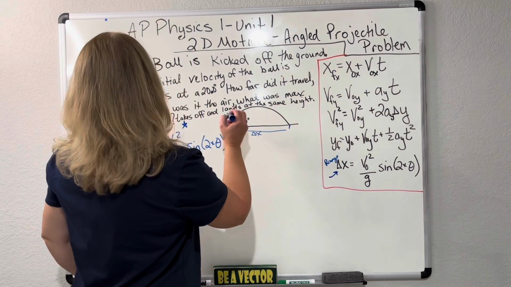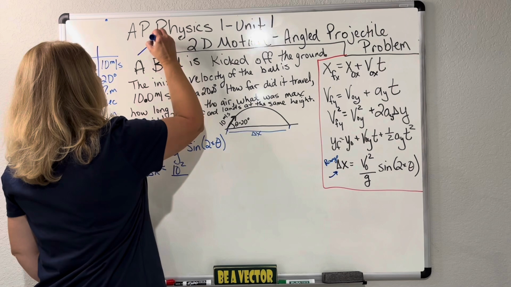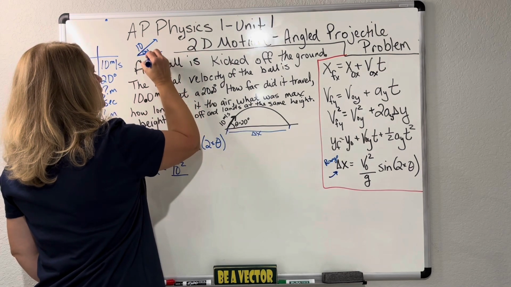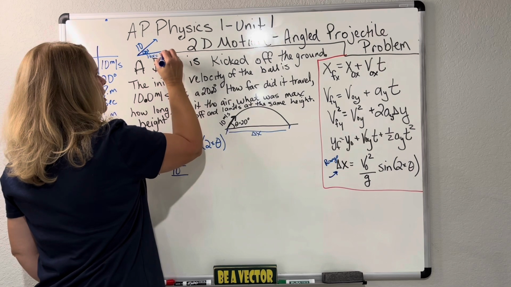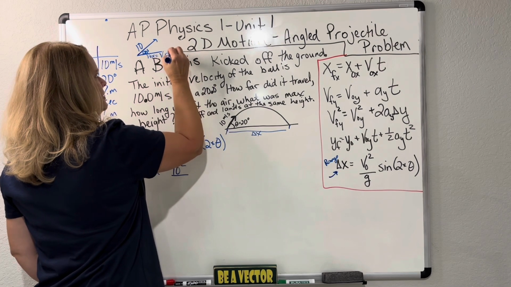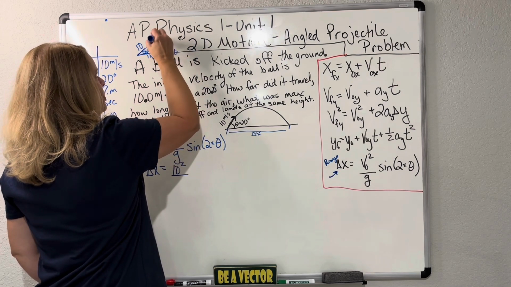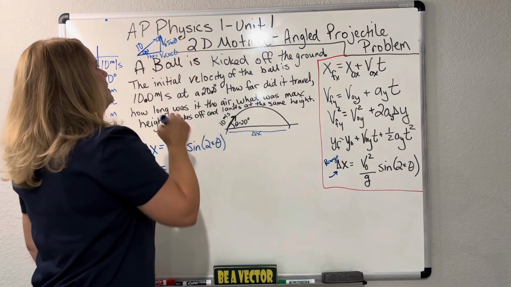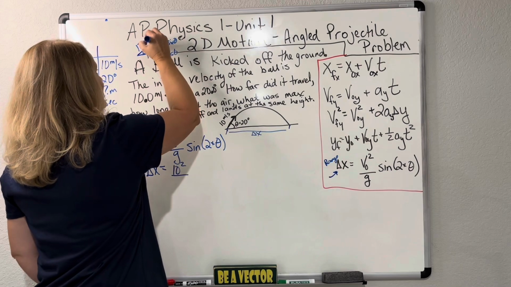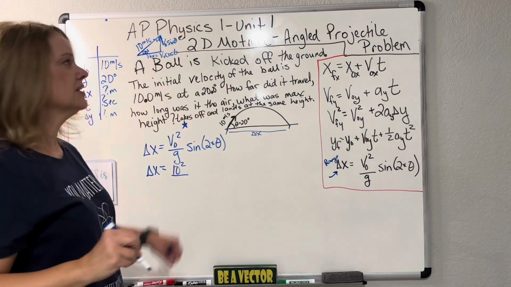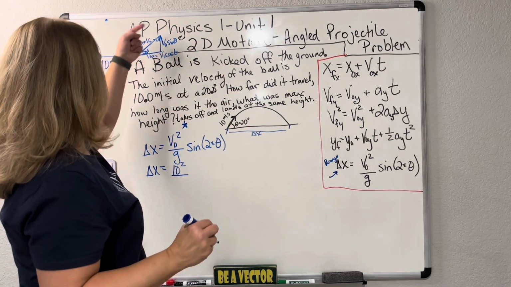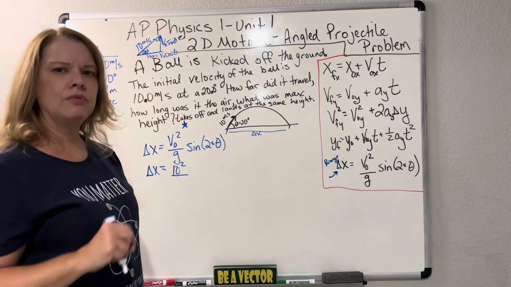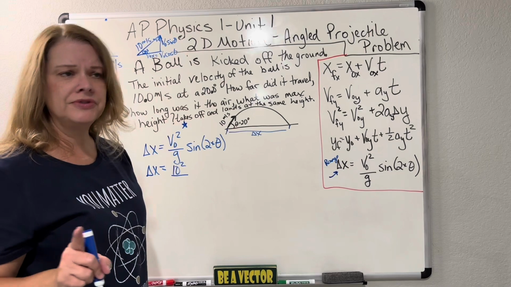Because if you took this 10 at 20 degrees, your V naught in the x is V naught cosine theta, and that vertical component is going to be V naught sine theta. In other words, it's not 10 in either one of these directions. It's 10 in the hypotenuse, but part of that was in the horizontal, part was in the vertical.